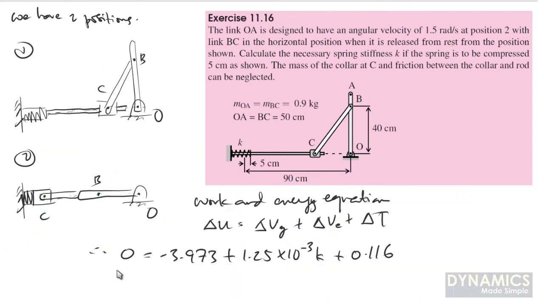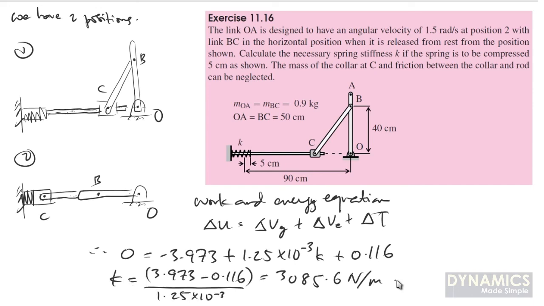So rearrange this and we'll have K equal to, okay, so this is the value of K, 0.5.6 Newton per meter.